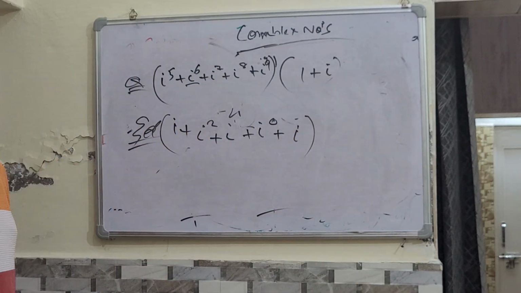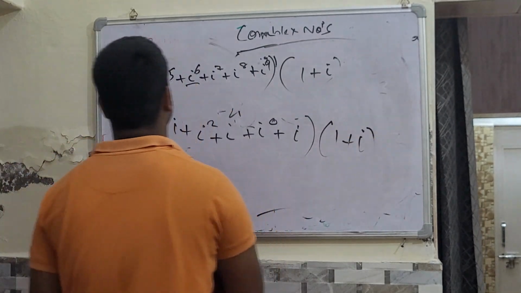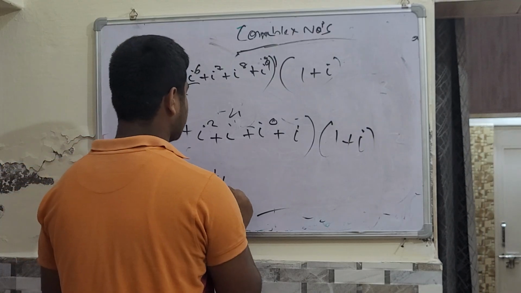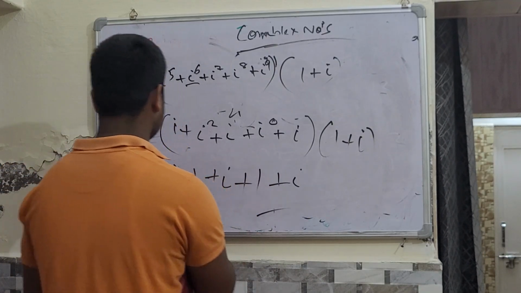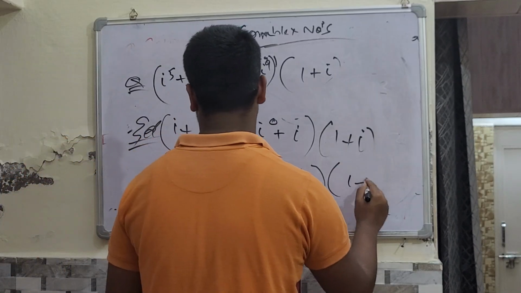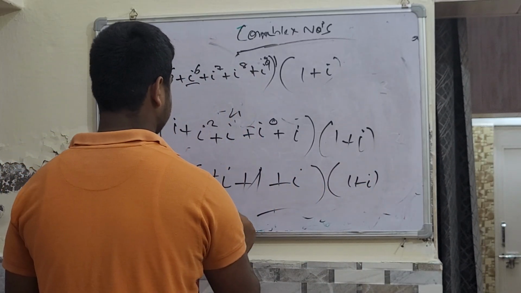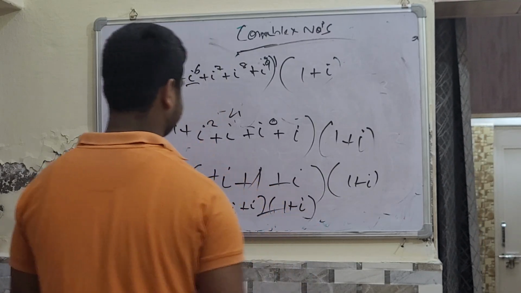I am teaching at speed because I don't want to waste my time on this part. So i minus 1 minus i plus 1 plus i, and on the other side 1 plus i.